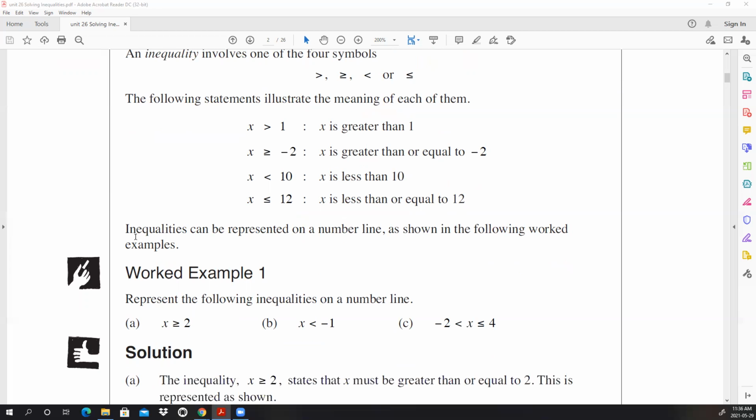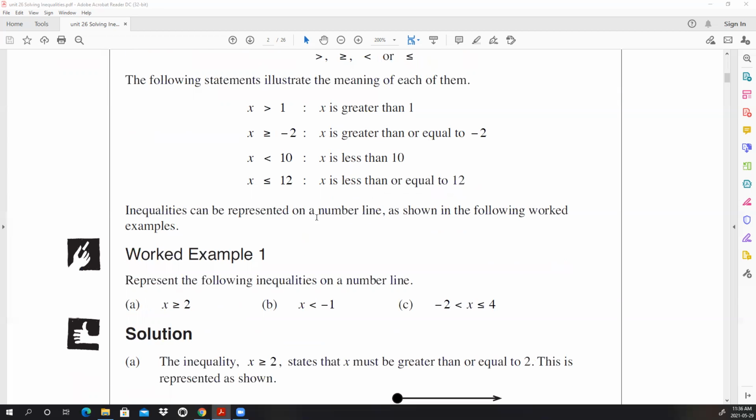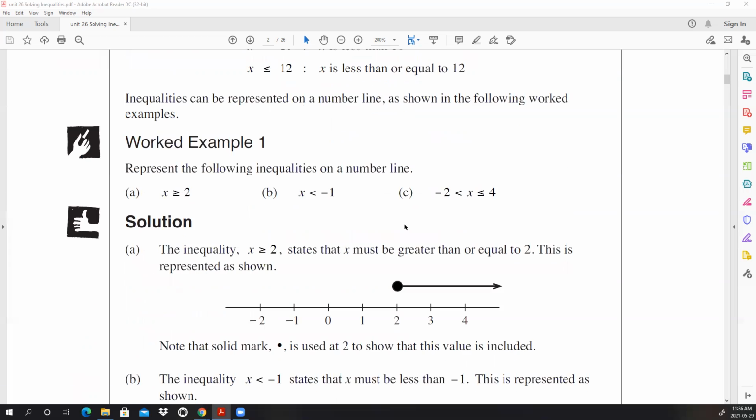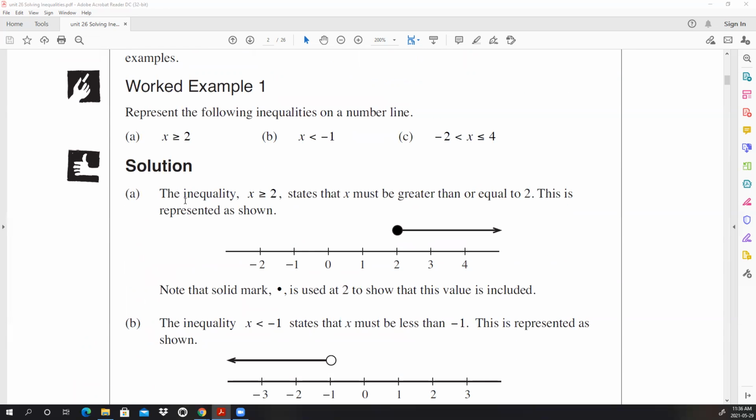All right. Inequalities can be represented on a number line as shown in the following worked examples. We did this earlier in the year, as I said, so just a quick recap. The inequality x is greater than or equal to 2. On a number line, you have this shaded circle here, which represents equal to, and then the arrow pointing to the right, starting from 2, tells you that it is greater than 2.